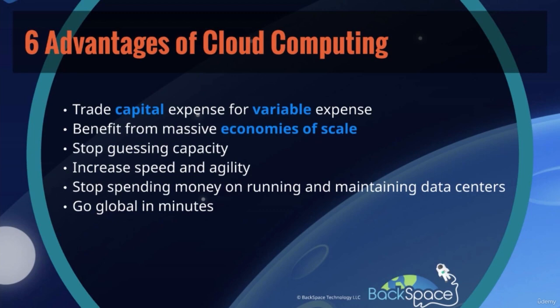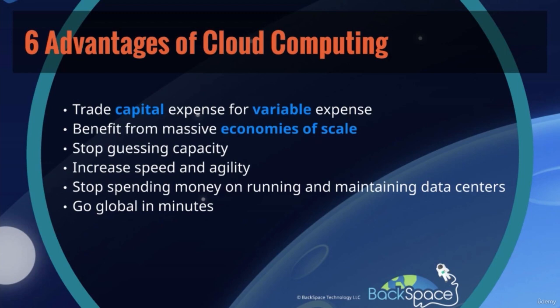We can be up and running in a very short amount of time. Next, we're going to stop spending money on running and maintaining our data centers on premises. This is a big one because there are a lot of overhead costs that we may not take into consideration when we're implementing an on-premises solution. And that could be anything from insurance costs to security costs as far as physical security.